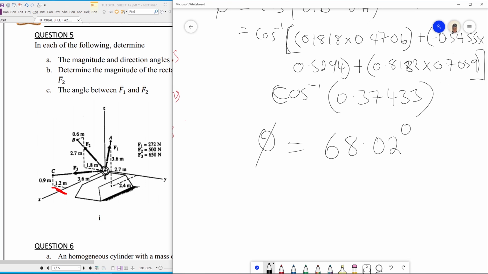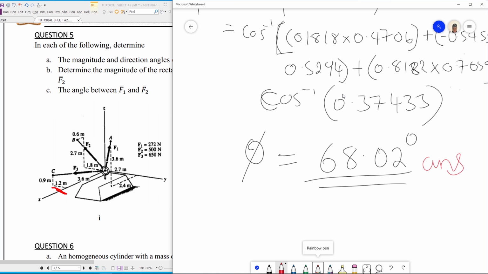So this is the answer for part C, and for part B we really need to learn how to scroll on this thing.